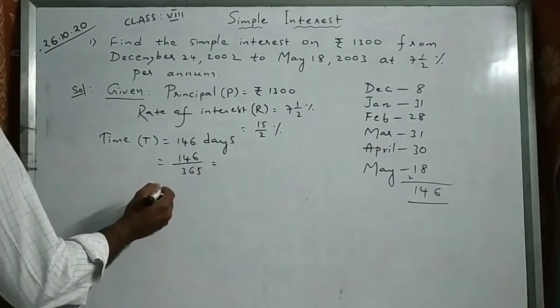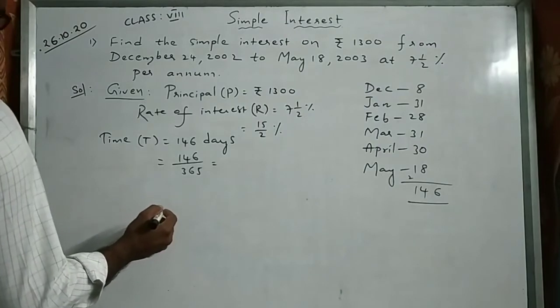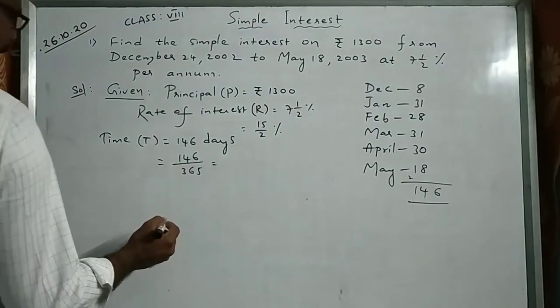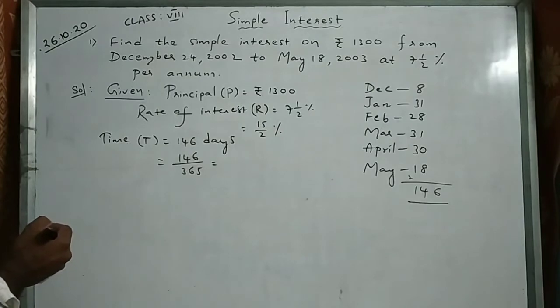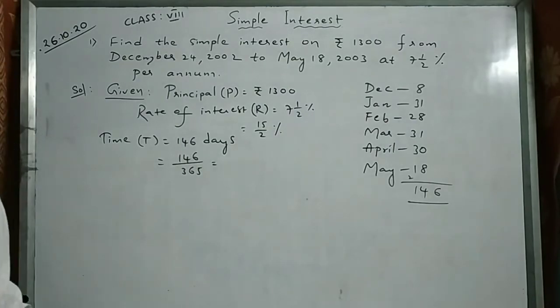Which table will go? Cancellation you see.